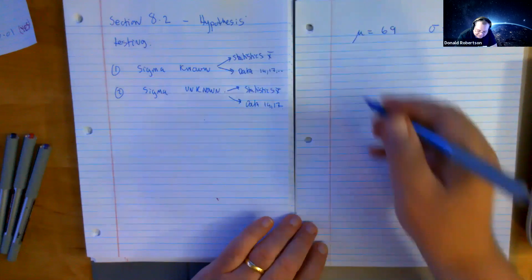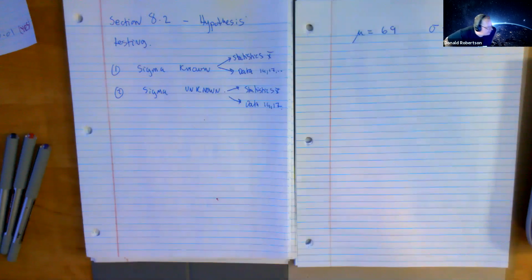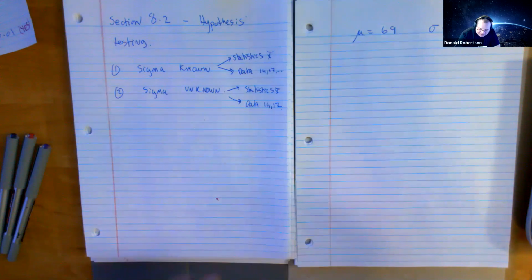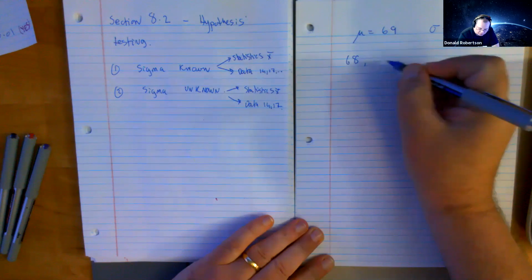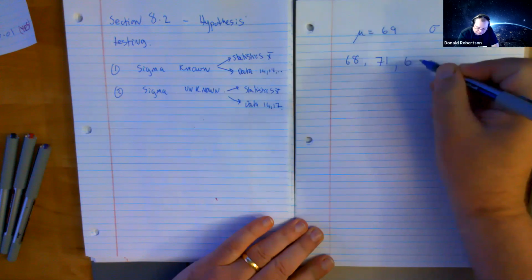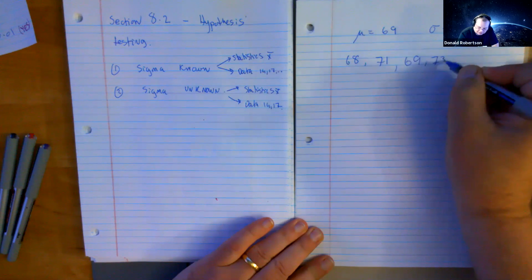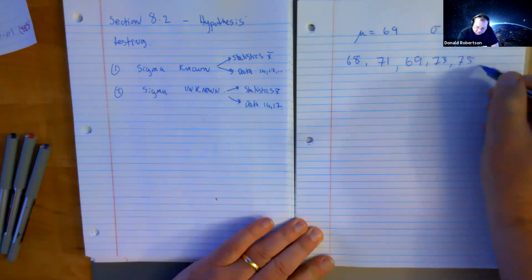So what he did is he randomly selected 8 basketball players, right, that are at college, and he got their heights. And I'm making this up, but one of them was 68 inches, one of them was 71, 69, 73, 75, 76.